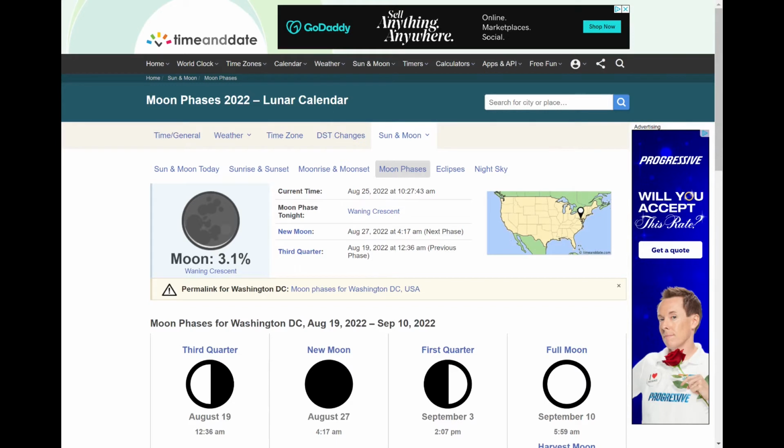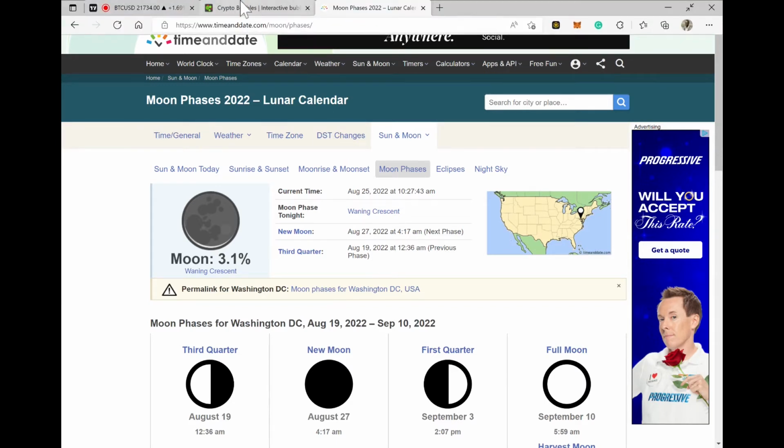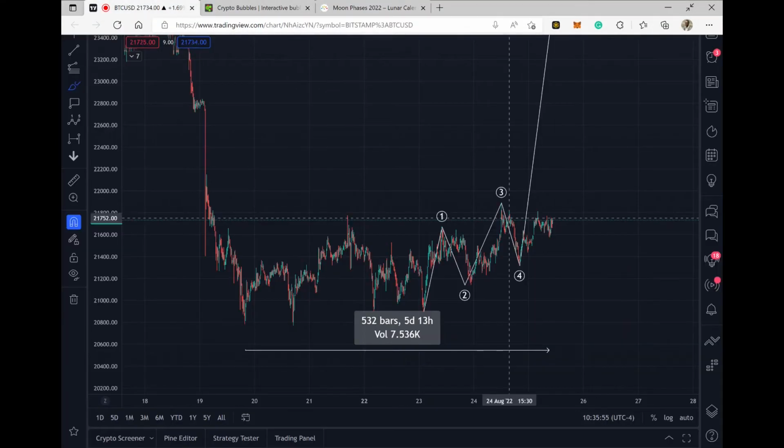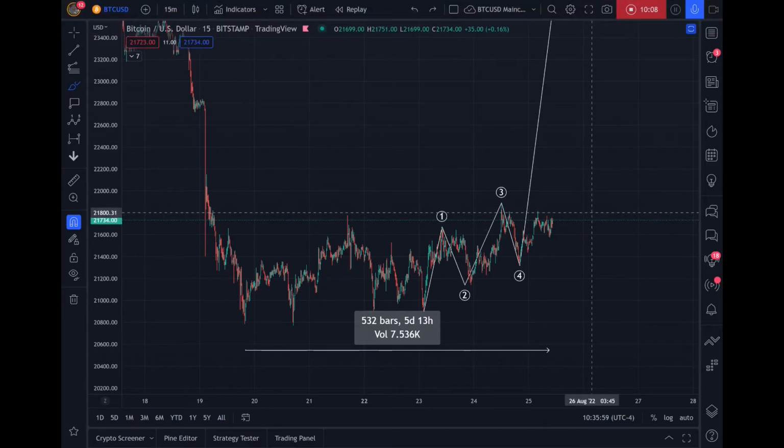The new moon is on the 27th. Right now we're on the 25th, okay? If the new moon's on the 27th, and typically data shows that 0 to 3 days after the new moon we can expect a local market top, that's between the 27th and the 30th. Right now we're on the 25th. I would say the next 5 days can represent positive price action. So unperturbed positive price action.